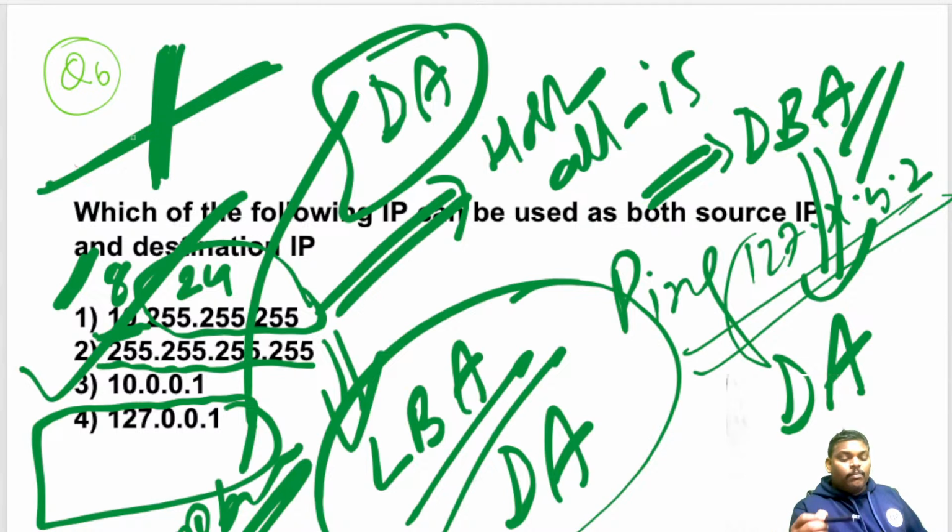If a slash is there, it is classless IP addressing. The slash decides whether it is classless or classful.